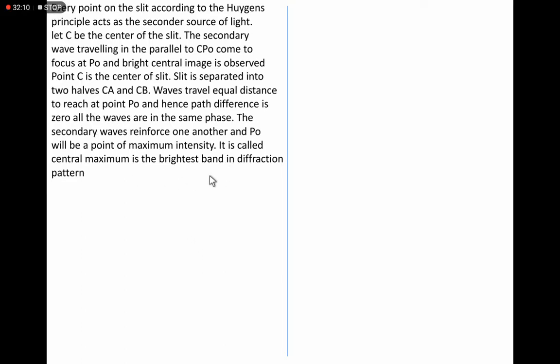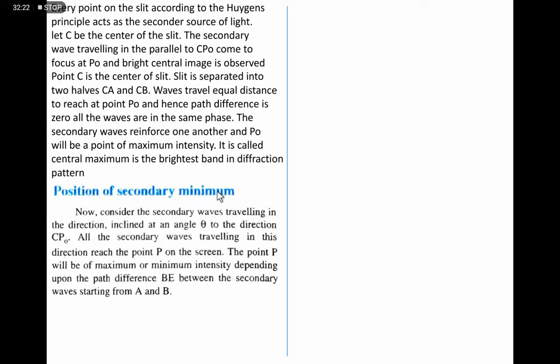How the central maxima is produced, I'll discuss just now. Then the position of secondary minima means, at point P, if the minima is there, then what conditions are required to get the minima.